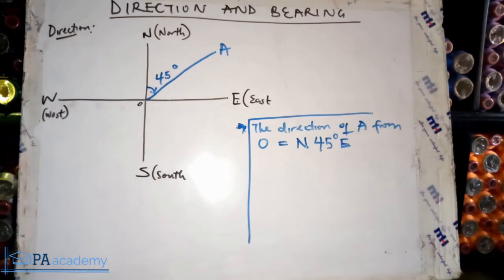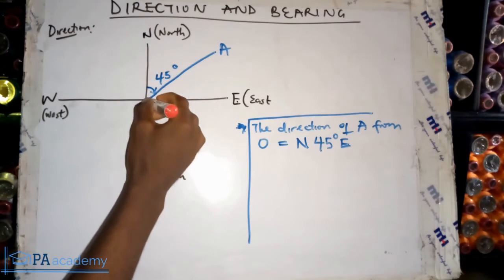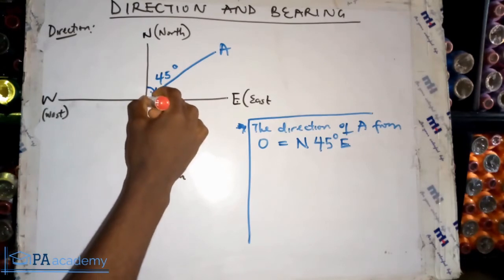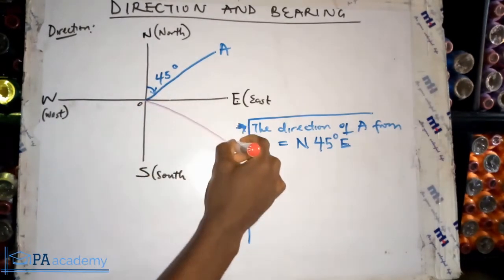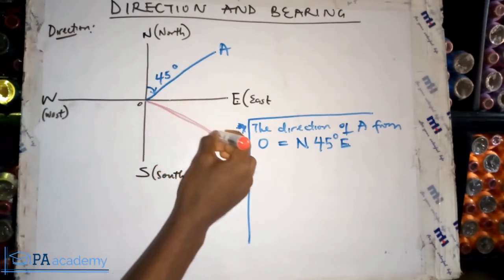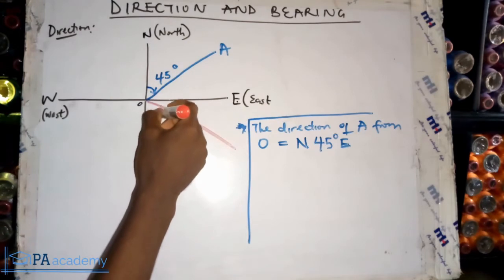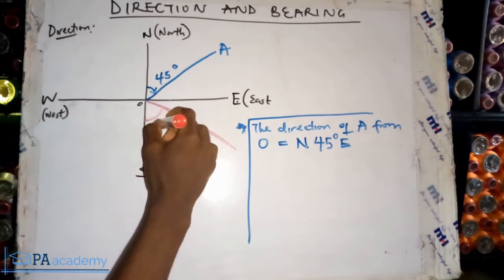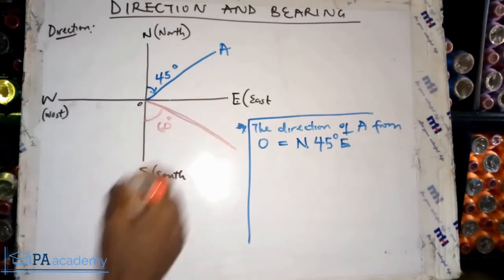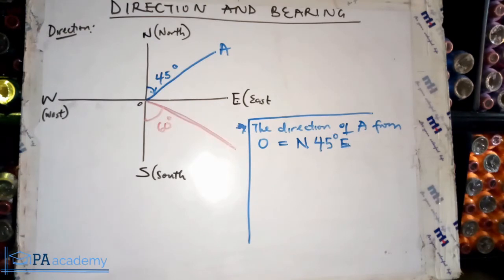So let's look at another one. If you have one here, let's draw it like this, and let's take the angle here to be 60 degrees.